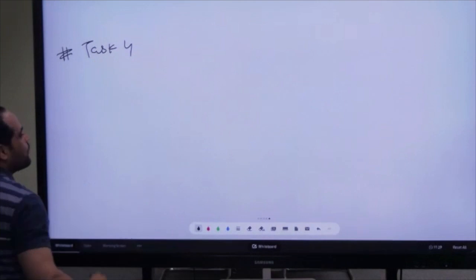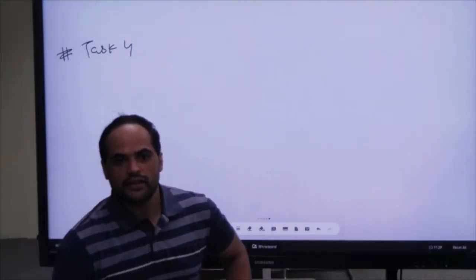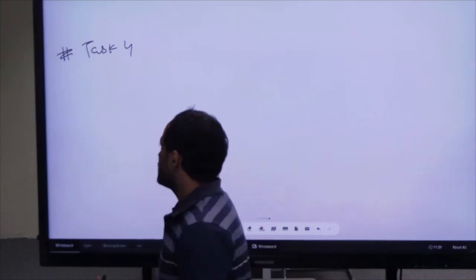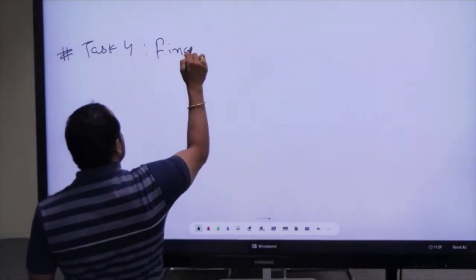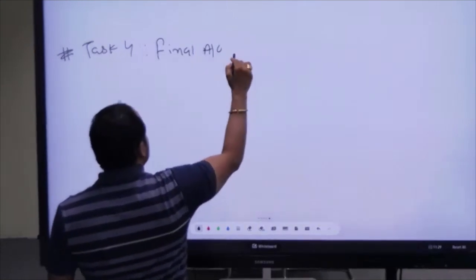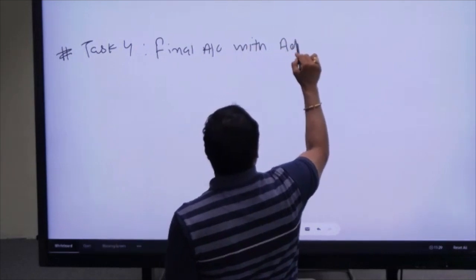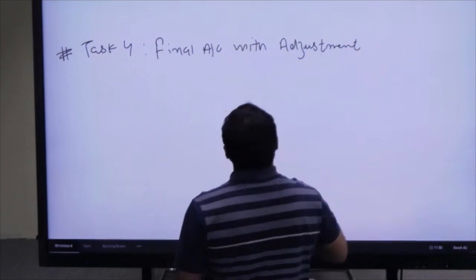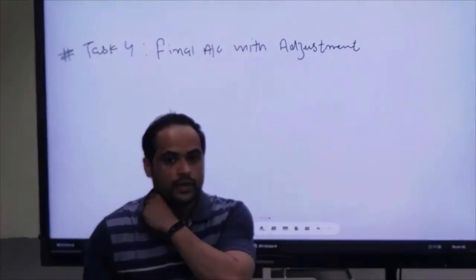Task 4. So task 4 is about the final accounts with adjustment, right? Final accounts with adjustment.